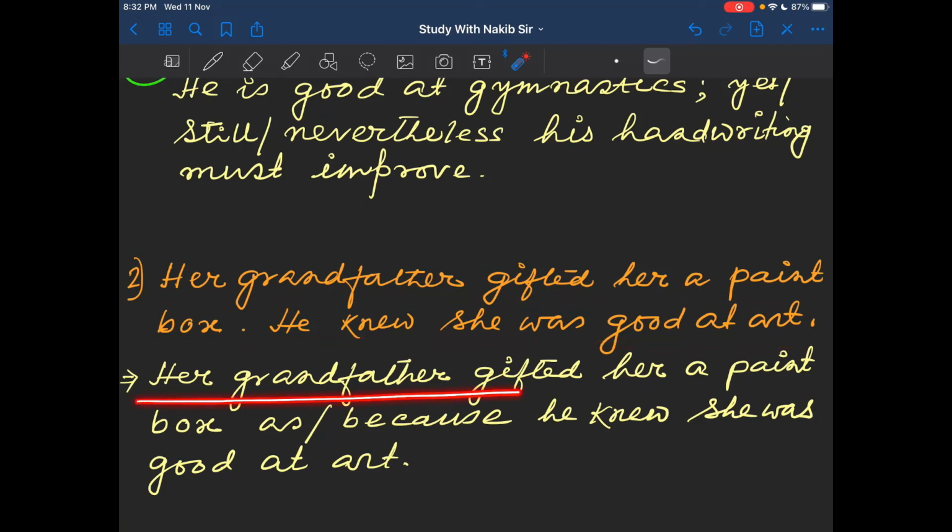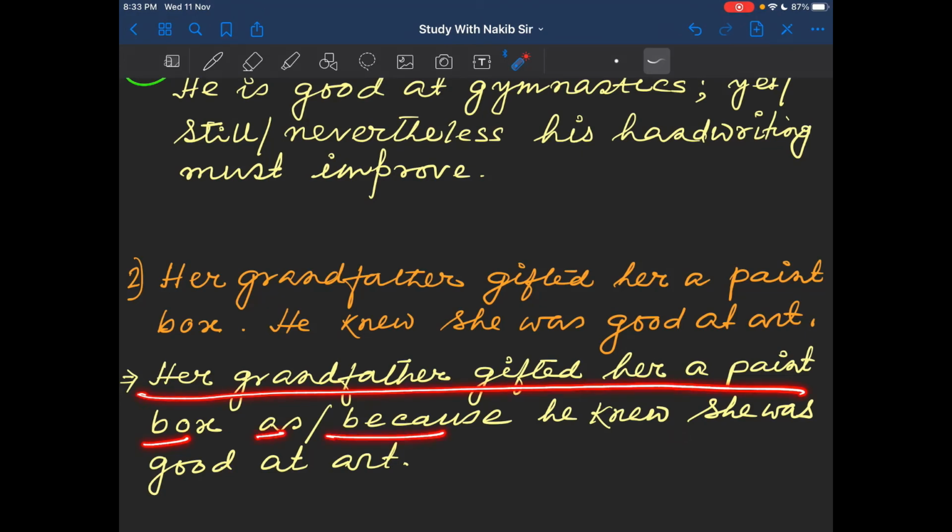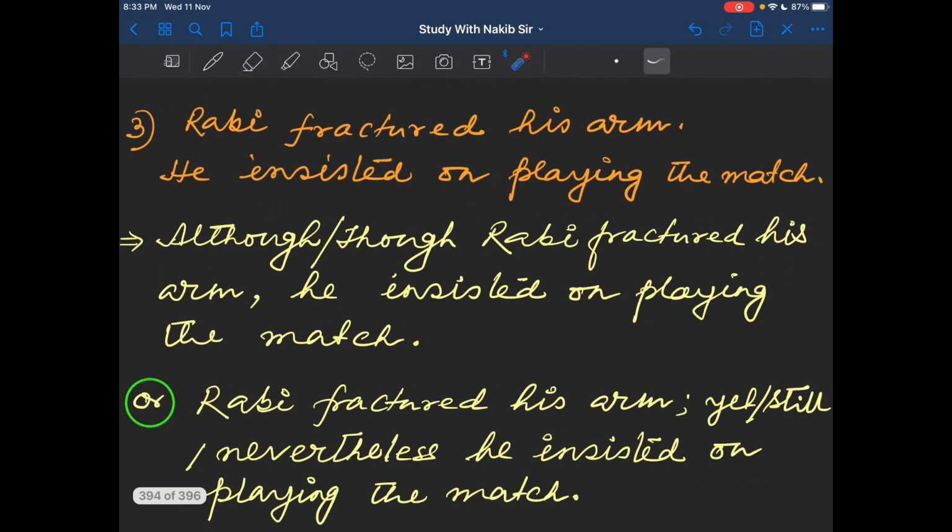Her grandfather gifted her a paint box as or because he knew that she was good at art. That is not used always. Okay. Now the third question.